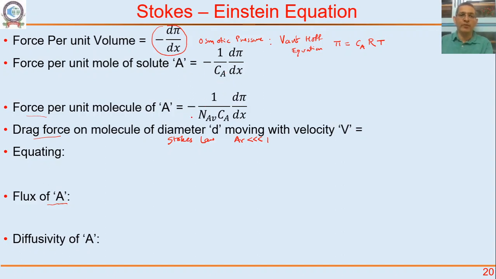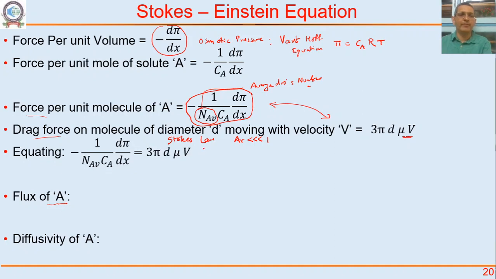So this is our Avogadro number. Think about this. Make sure that you are convinced about this. What is the drag force now? Stokes law. 3 pi d, viscosity of the medium B, and velocity with which these molecules move. Now if I equate these two, what will I get?